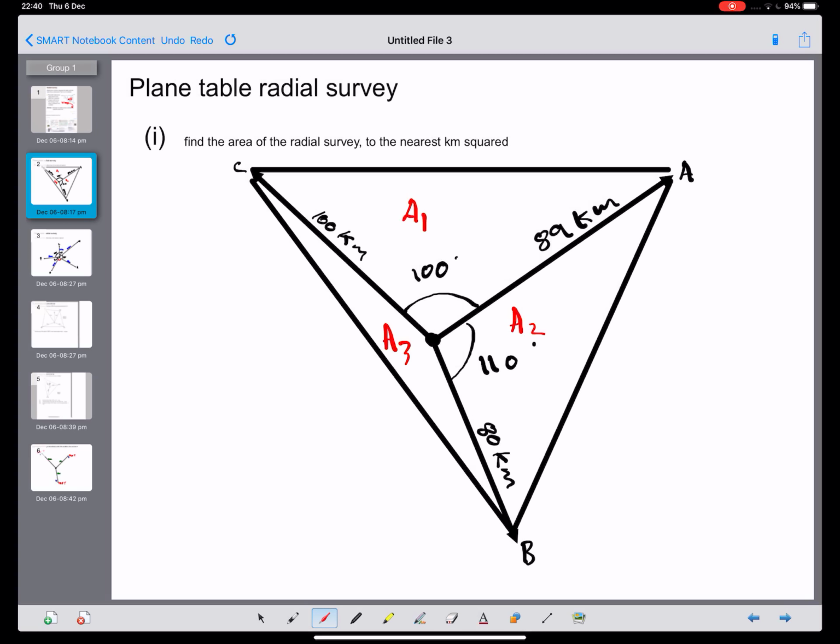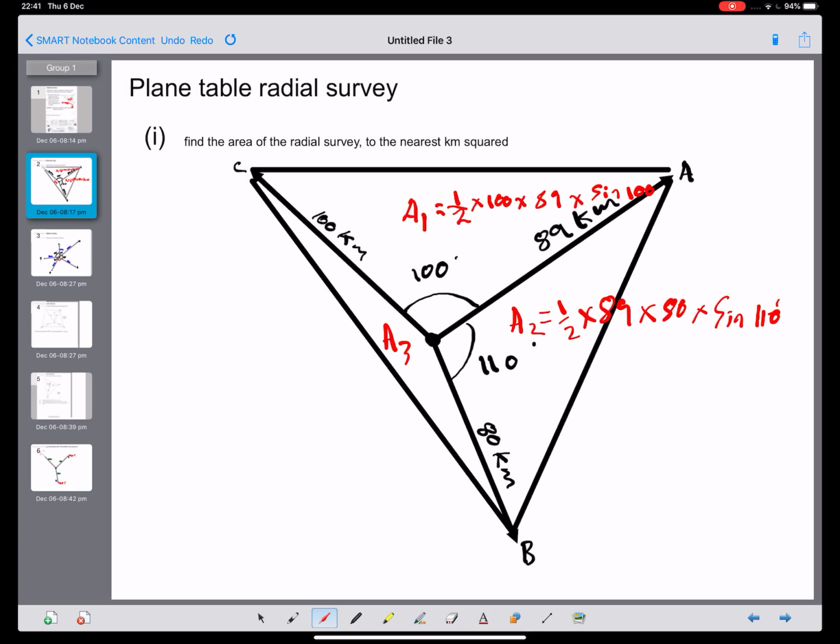So on your calculators, you're going to do half times 100 times 89 multiplied by the sine of 100. For area 2, you're going to do half multiplied by 89 multiplied by 80 times the sine of 110.